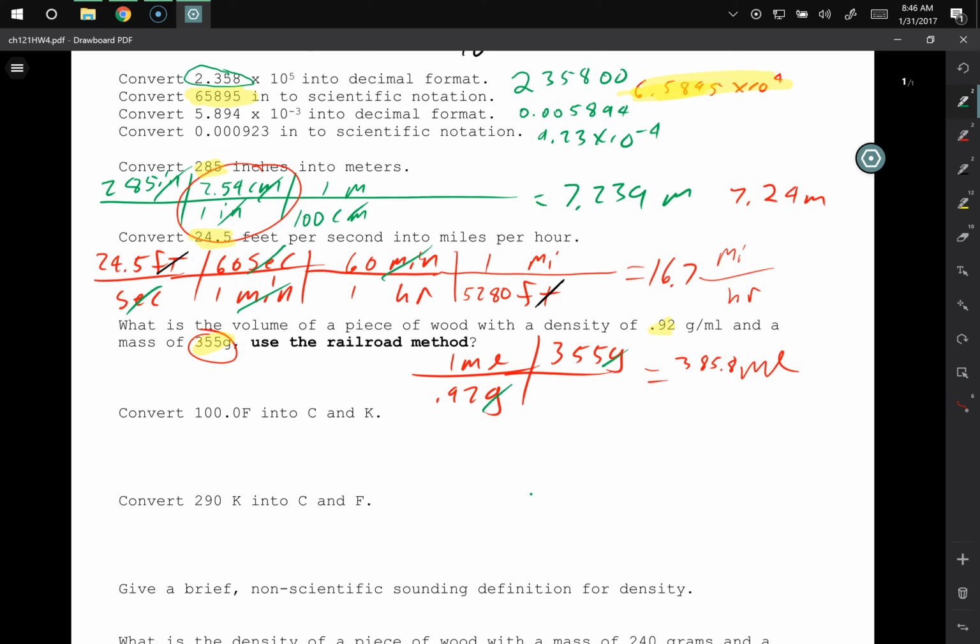The 3, right? 300. So that one's in. And what's the next most significant number? The 8, right? So the number after the 8 is 5, so it's going to round this thing up, and so it's going to be 390 milliliters. Do I put a decimal place after the 0? Why not? Because that would mean that that 0 is significant, and it is not significant.